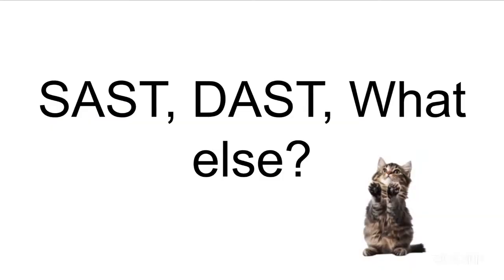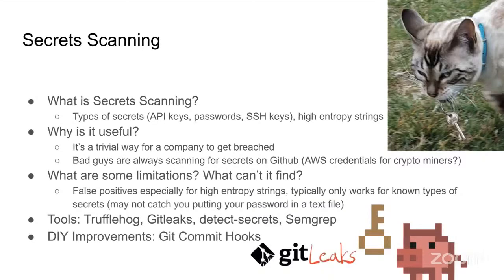So we did SAST, we did DAST. What's some other thing that you would cover here? A few of you mentioned SCA, software composition analysis, which focuses on the libraries and dependencies in your code. Actually, before that, secret scanning. That's an important one.